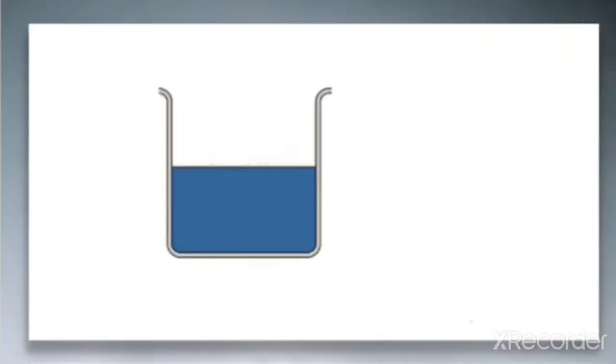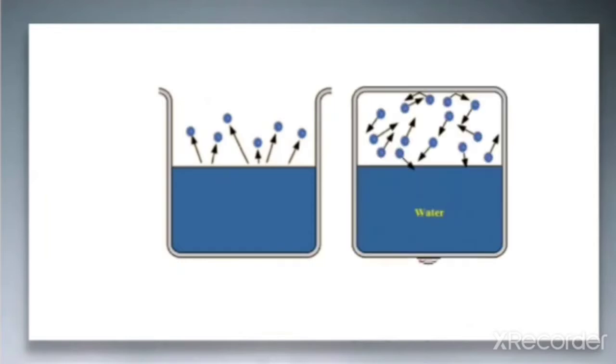If a liquid is placed in an open vessel, then the molecules escape into the atmosphere by the process of evaporation. But if the liquid is allowed to evaporate in a closed container, then the vapor remains in the container and it forms two zones, that is the liquid zone and the vapor zone.